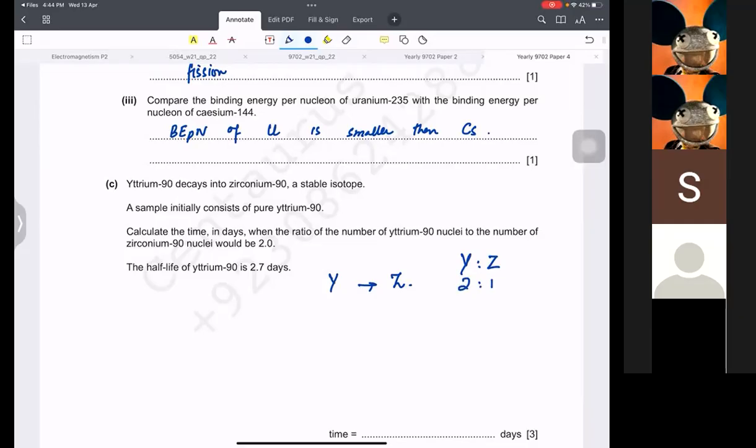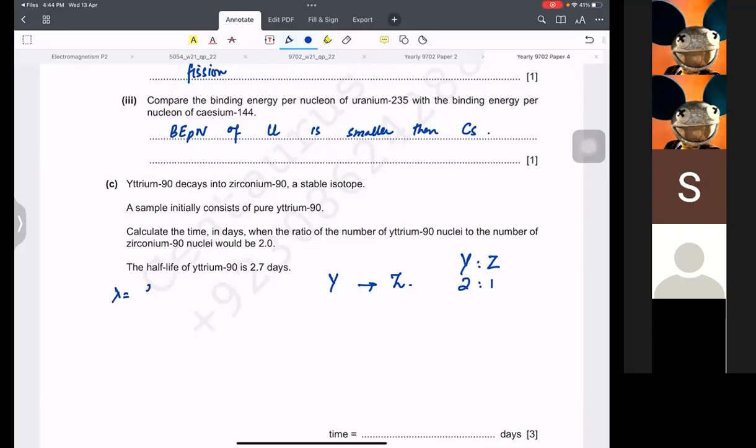Yeah, this is what he's saying. Okay. So 2 to 1 means we can make a ratio of anything. First, you tell me what is lambda.